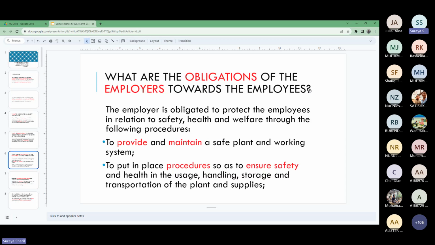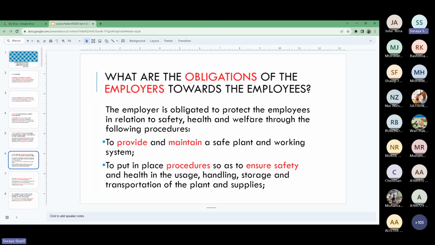So what are the obligations of the employers towards the employees? The employer is obligated to protect the employees in relation to safety, health, and welfare through the following procedures. One, to provide and maintain a safe plant and working system.